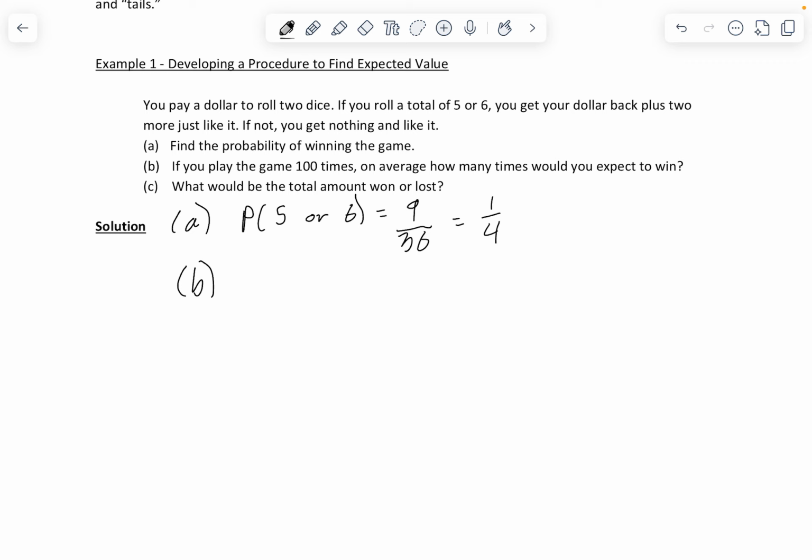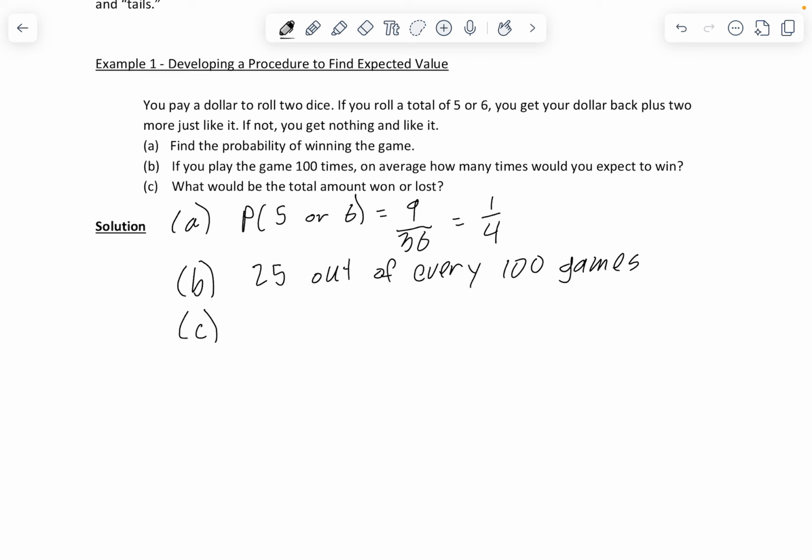You'd expect to win 25 out of every 100 games. Okay, that does not mean that every time you play the game 100 times, you win exactly 25 of those times, but it means on average, right, that you would expect to win about 25 games out of every 100 games. Okay?